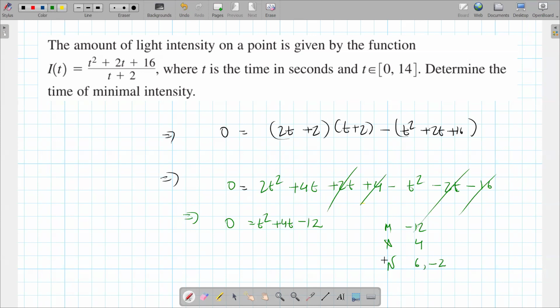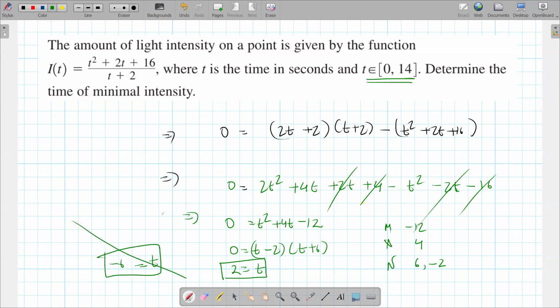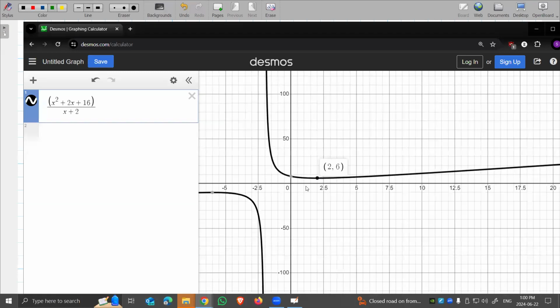So we get (t minus 2)(t plus 6) equals 0. When you solve it, there's a turning point at 2 and a turning point at -6. -6 is not part of our domain. So 2 is the answer, and we knew 2 was the answer.